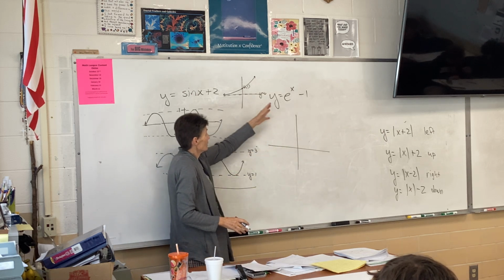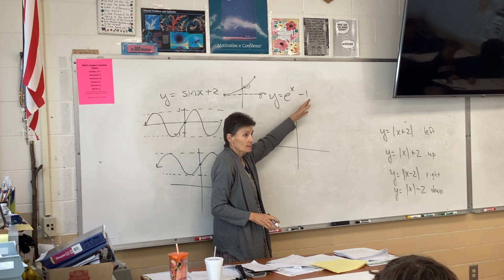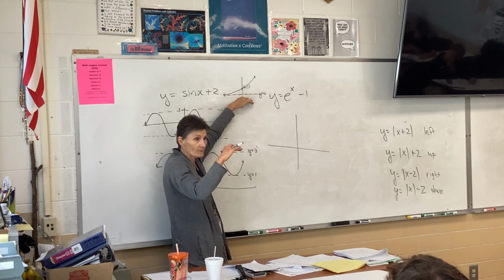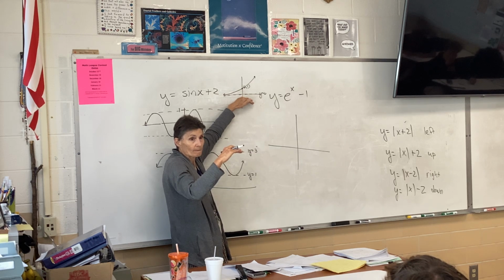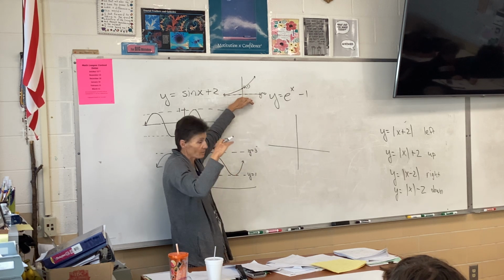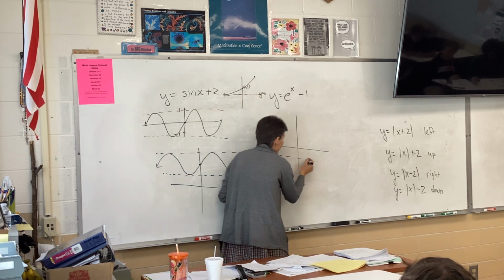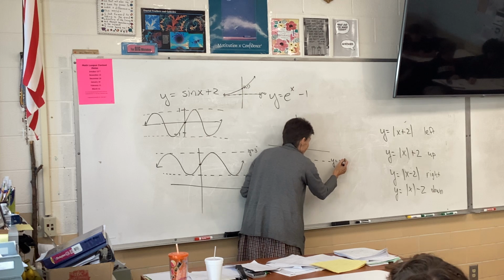So what did you say? I was going to take it down one. The normal asymptote is right here on the axis. The whole thing's coming down one, so the asymptote's coming down one. It's now going to be at -1.